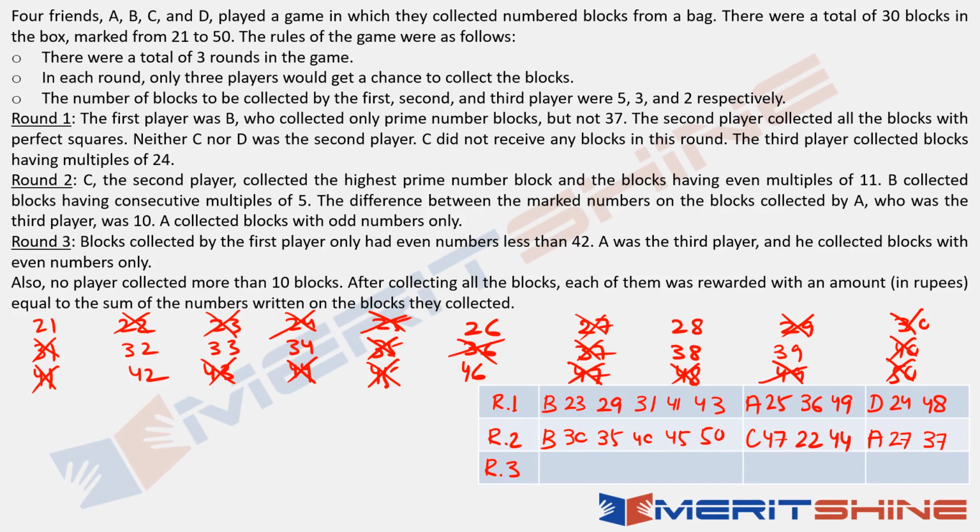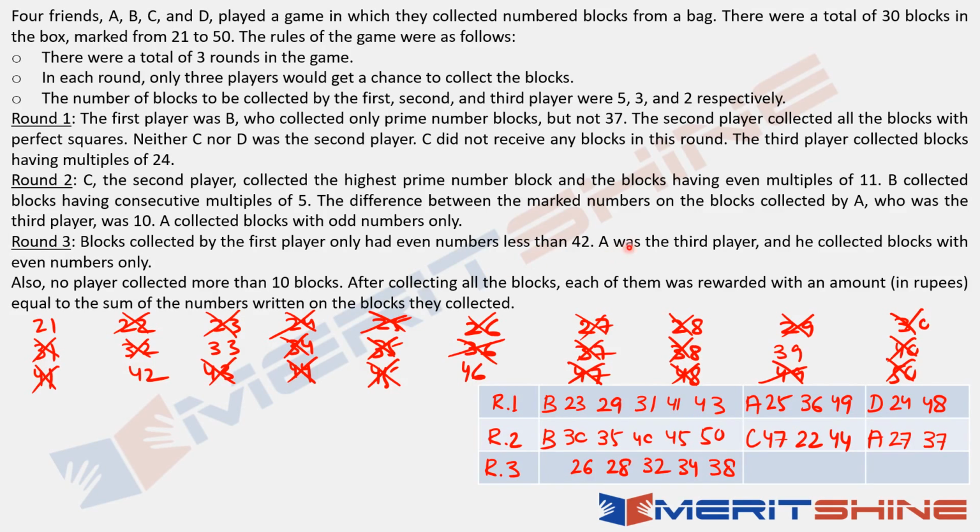So I'll just cancel them from here: 26, 28 and then 32, 34, 38. We still do not know who this person is. So I'll just write it like this: 26, 28, 32, 34, 38, right? And we still do not know who the person is.